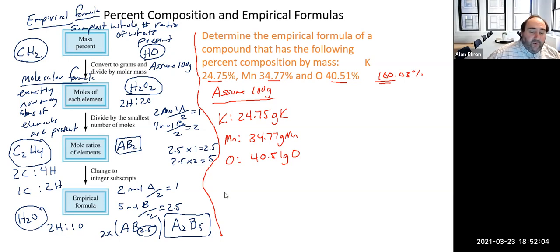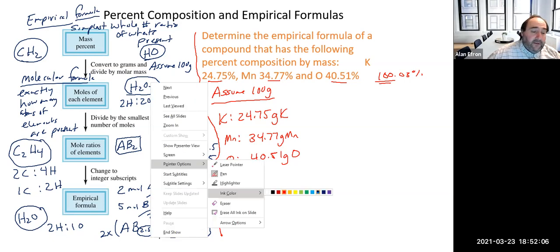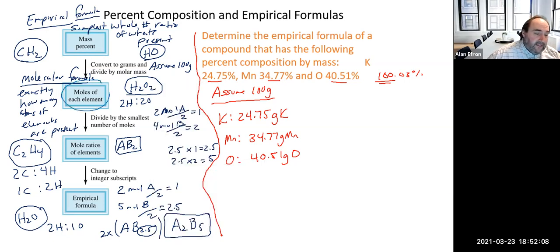Now that I have them in grams, really the next thing I want to do is convert these guys into moles. So to convert them into moles, what I'm going to do is go to the periodic table. I'm going to use the molar mass of each of these guys. So potassium from the periodic table is 39.10.